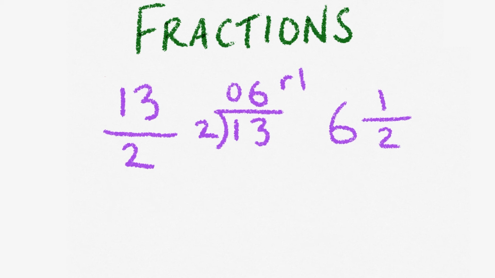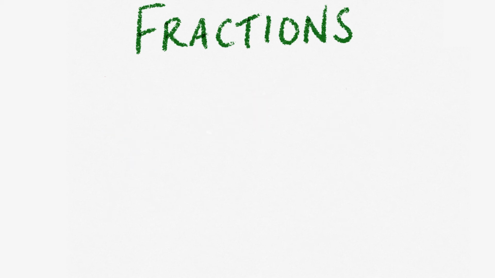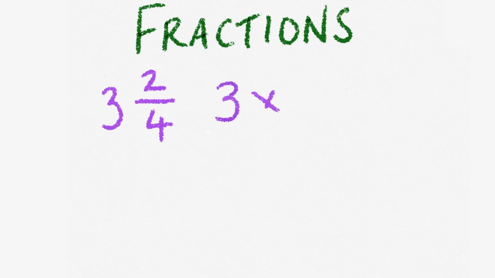Now, let's convert from a mixed number fraction back to an improper fraction. Let's start with the number 3 and 2 quarters. All I need to do is simply go 3 times 4 plus 2. So I do the whole number times the denominator plus the numerator.